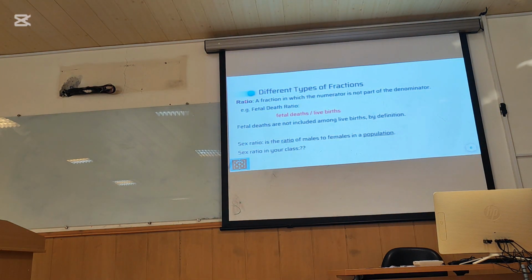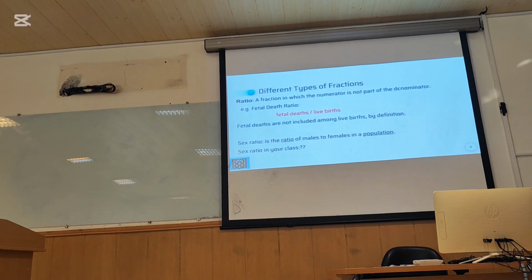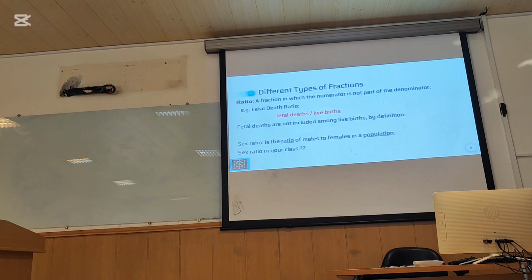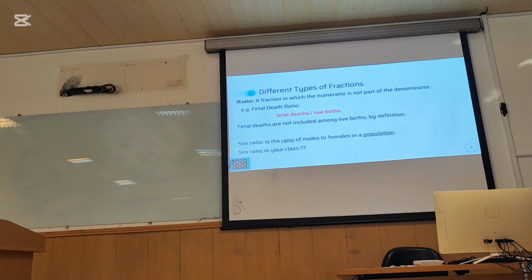Ratio is a fraction in which the numerator is not part of the denominator. Is it clear? For example, fetal death ratio or sex ratio. What is the sex ratio in your class? 2 to 1.